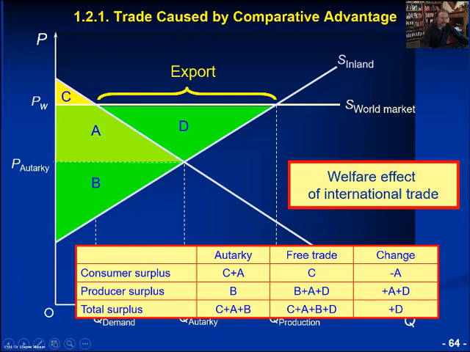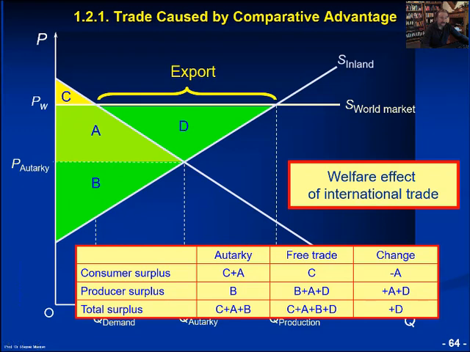Producers gain area A and D. This area plus this triangle here. In the table we find it here. Producer surplus is now equal to B plus A plus D. So this whole large triangle.